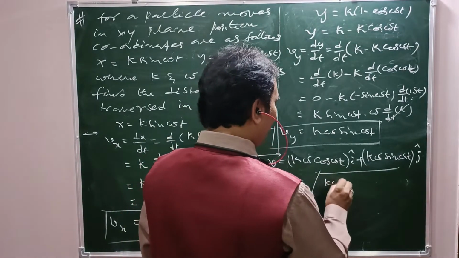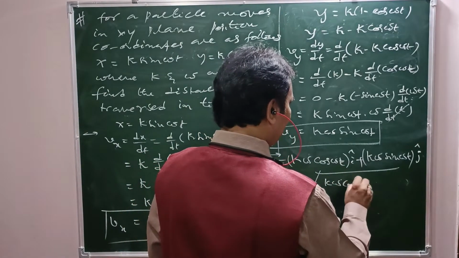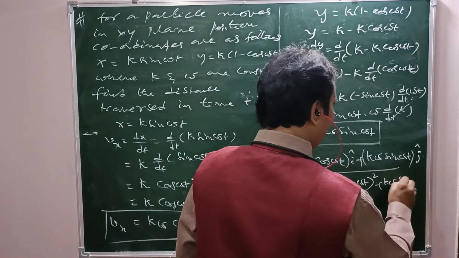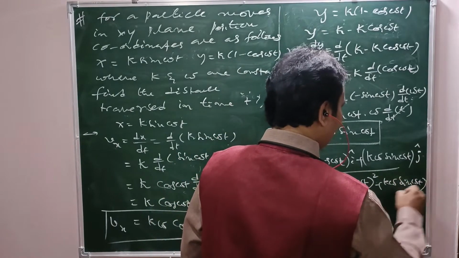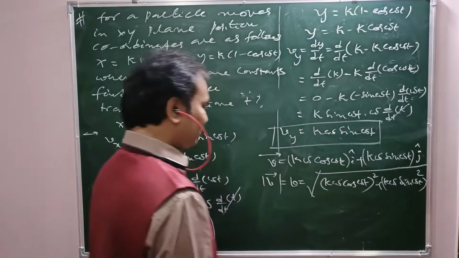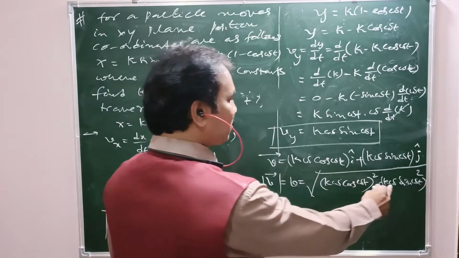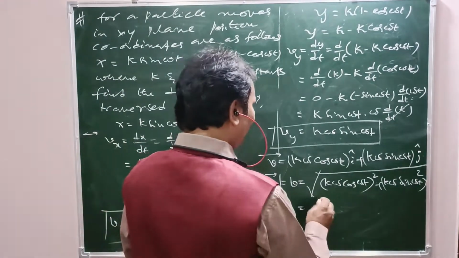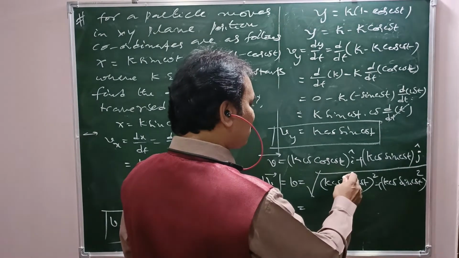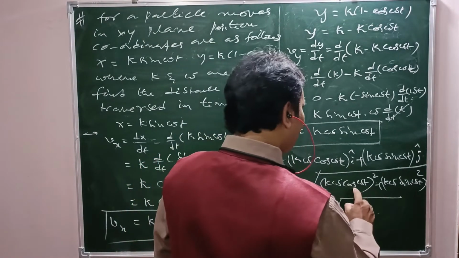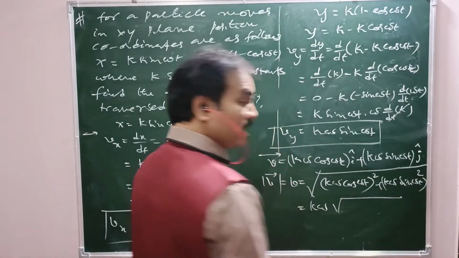It is k omega cos omega t whole square plus k omega sin omega t whole square. Am I right? That is, k omega whole square is common. That is k square omega square. K omega whole square under root means k omega. We are left with the root over cos square omega t plus sin square omega t.